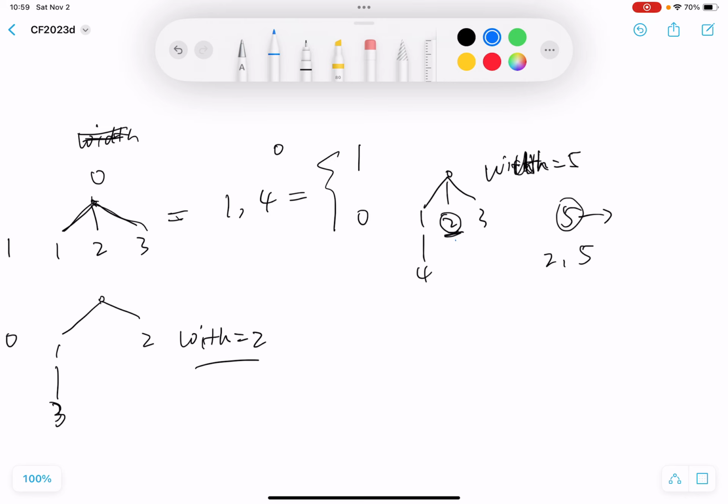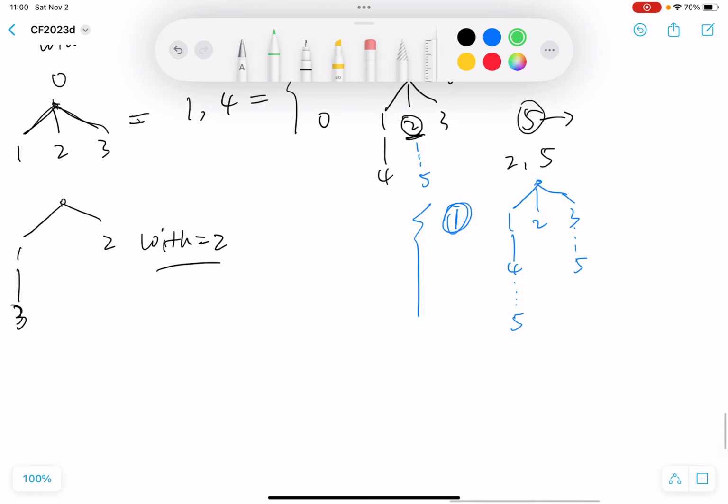But there are two kinds of return. If it is 1, that means 2 is definitely not the parent of 5. That means 1, 2, 3, 4, maybe this can be 5 or this can be 5. That's why we will return 0. In another case it will return 1, 2, 3, maybe 4, maybe 5.